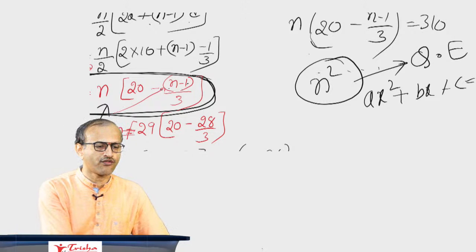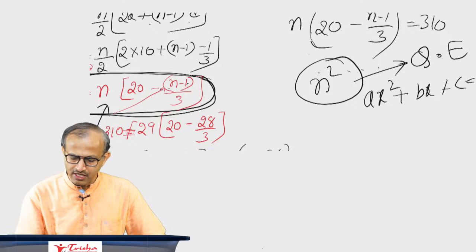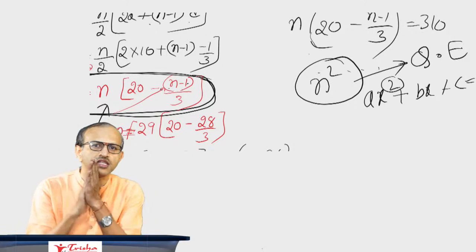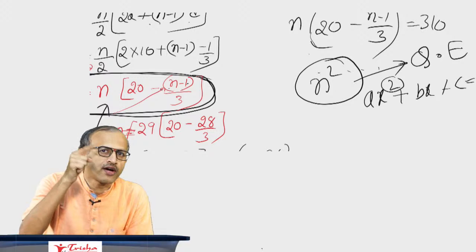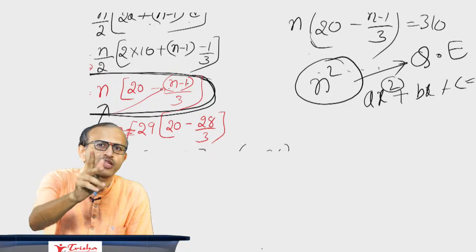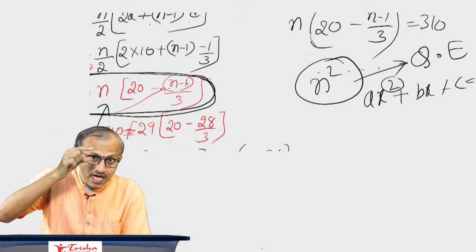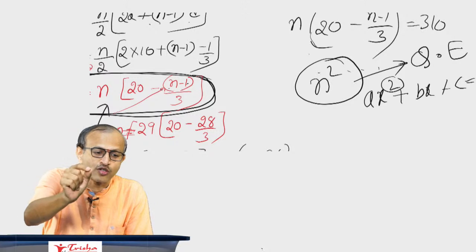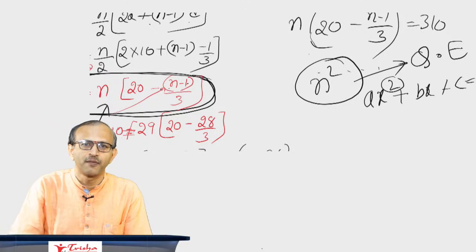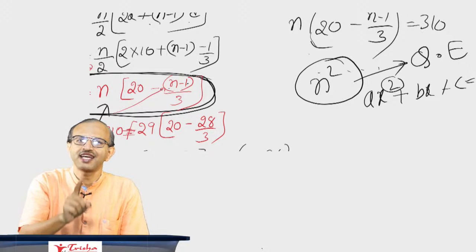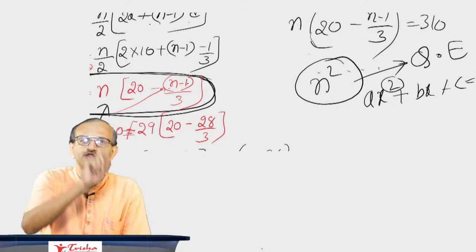Do you know the formula? And if you solve it, always listen carefully: the power decides how many roots it has. The power of the unknown decides how many solutions it has. If power is 1, linear, one solution.